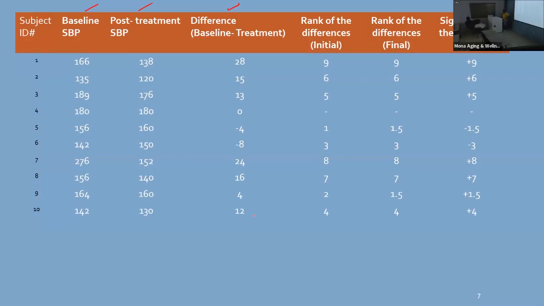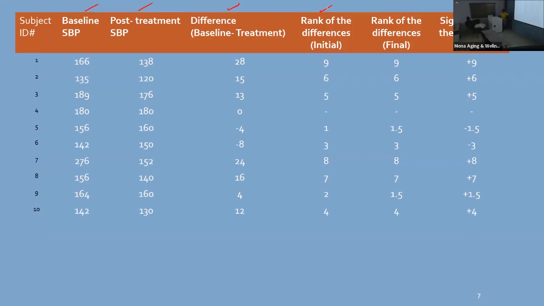In ranking them, we need to look at the absolute values of the differences. So we're not thinking about whether the differences were negative or positive. We're just gonna order them from lowest to highest, and then assign ranks to them. So this is what we did here.